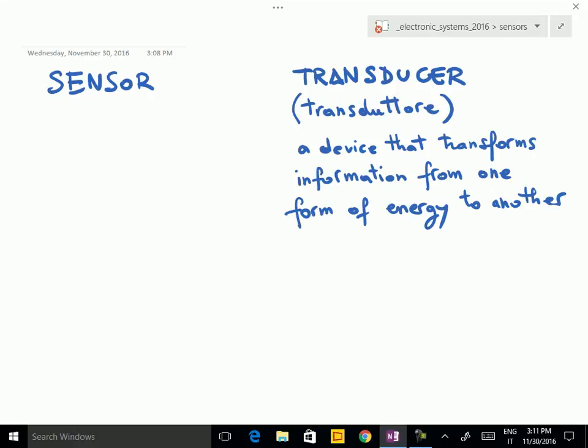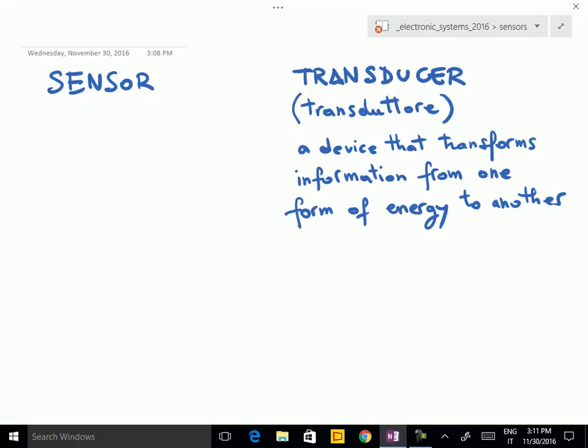So the same information is translated from acoustic waves to the deformation of the membrane, and since, for example, the membrane is piezoelectric, this deformation of the membrane is translated into an electric voltage at the terminals of the membrane.